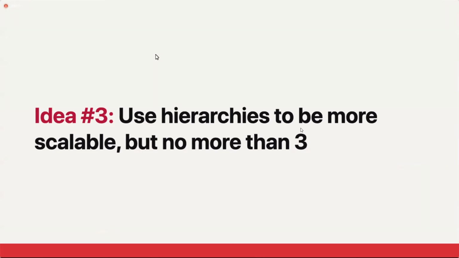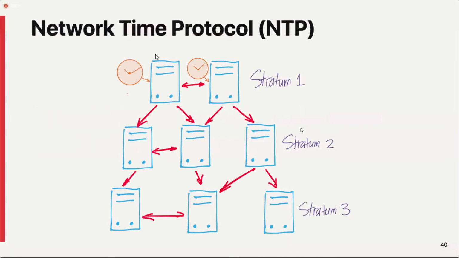What are examples of real-world systems that actually have 3 hierarchies? Well, Network Time Protocol, NTP, comes to my mind. It actually has 3 layers in its hierarchies. I would probably avoid using the term layer, even though it is a particular layer in the tree or in the graph of hierarchies, because it's very different from the layers that we talked about in idea number 2.